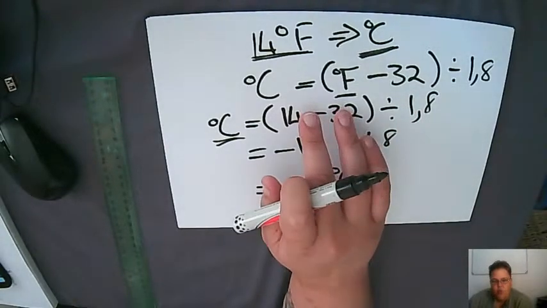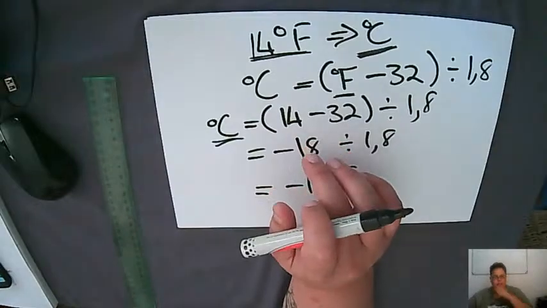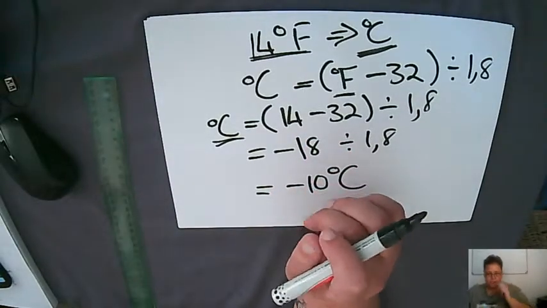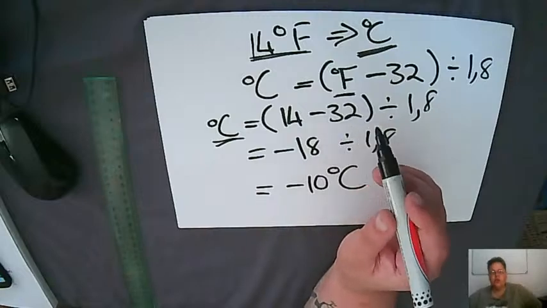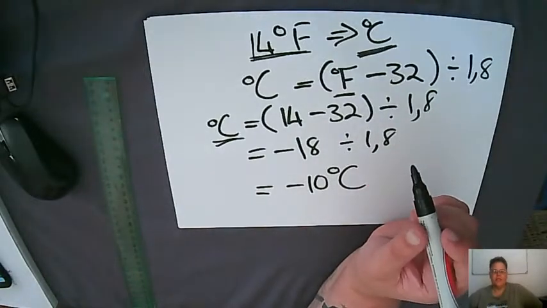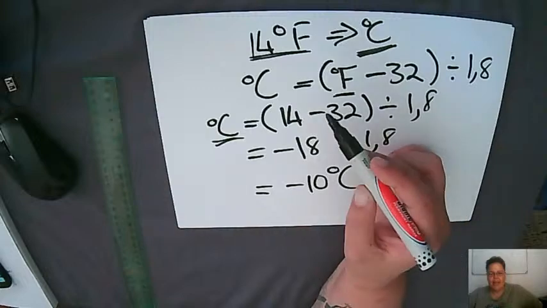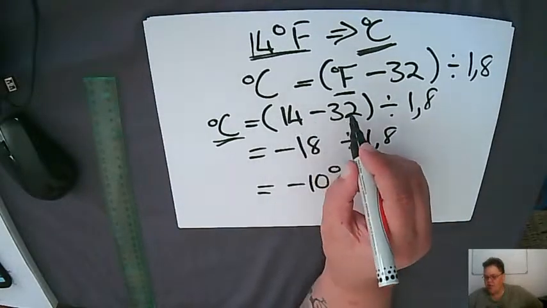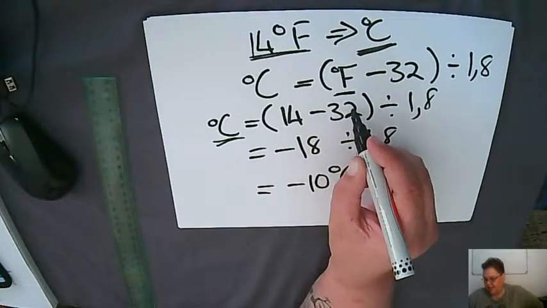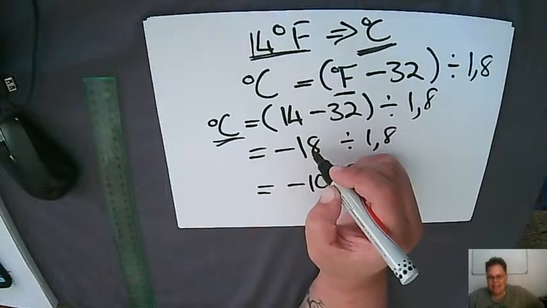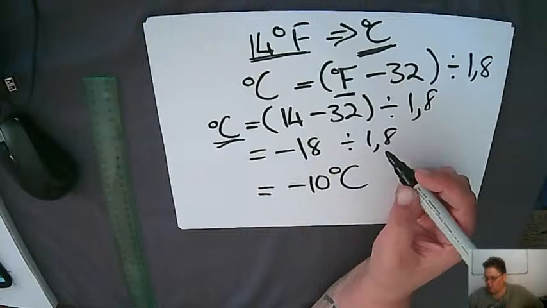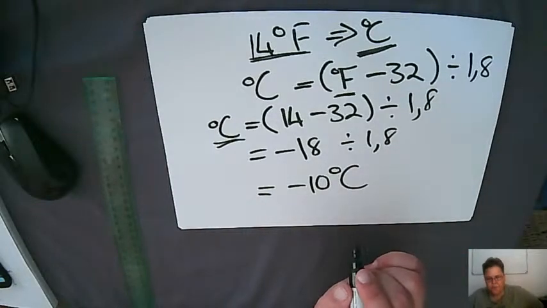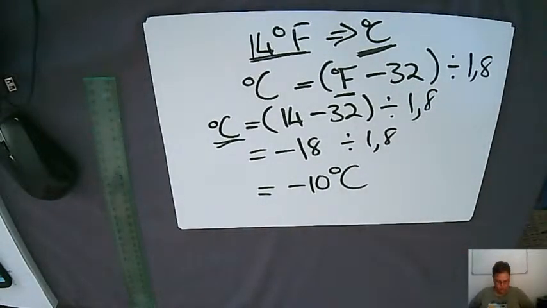We have to work it out exactly like it is. There is a bracket, so they are asking you to work that out first, get the answer, and then divide the answer by 1.8. So the answer here will be minus 10 degrees. Can you let me know if you understand?